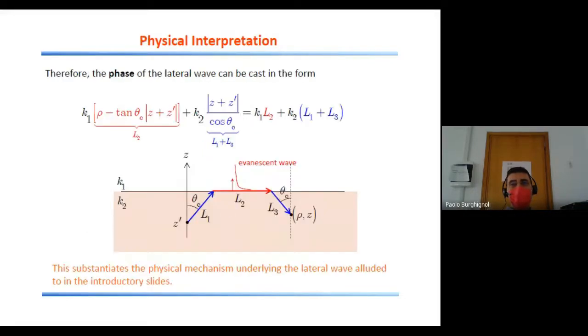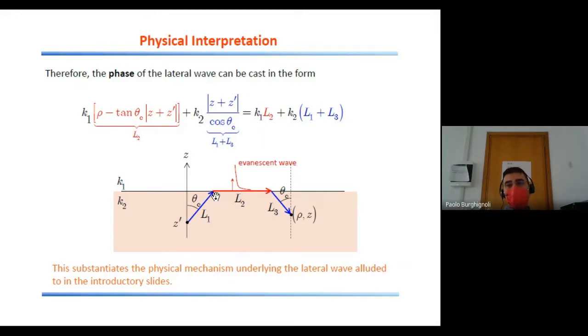So having related those ratios to trigonometric functions of the critical angle, we may now provide a physical interpretation of this phase term, because collecting things together, you can see that the phase term is given by k1 times this red part plus k2 times this blue part. Now, if you consider the geometry of the configuration in which you have a source at z prime and an observation point at z, the red term that multiplies k1 is exactly the length of this red arrow in this figure.